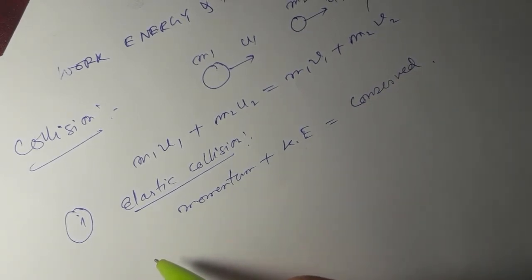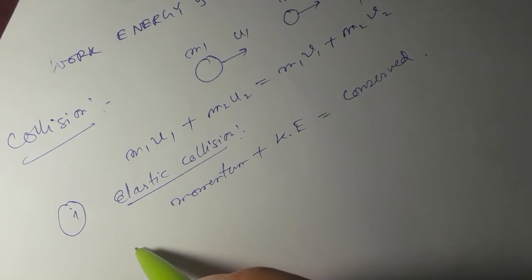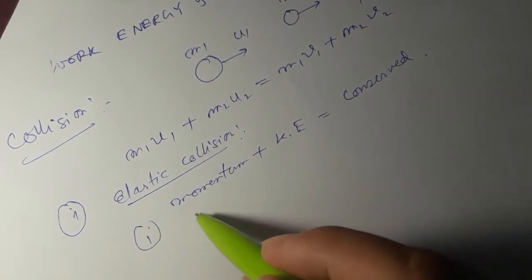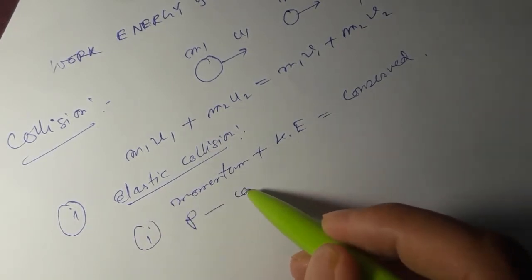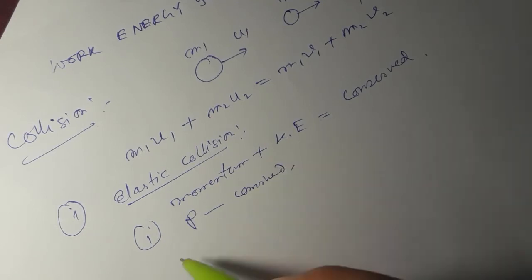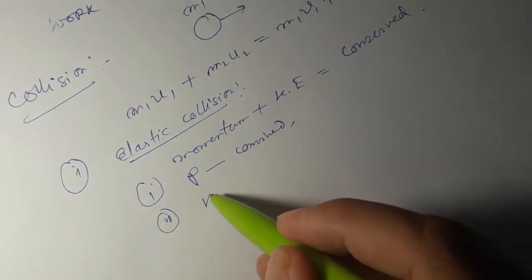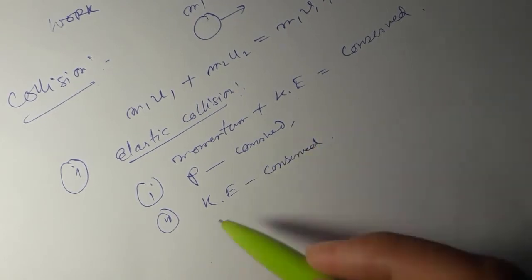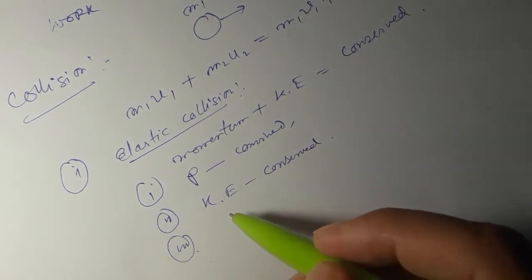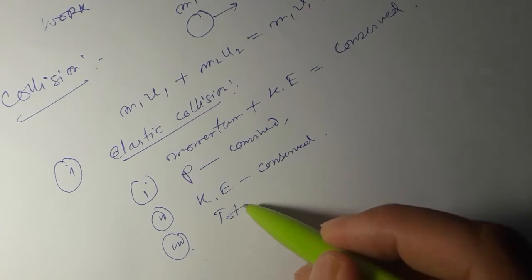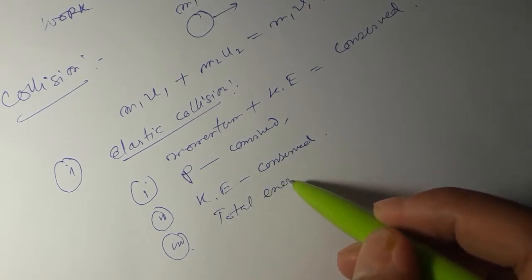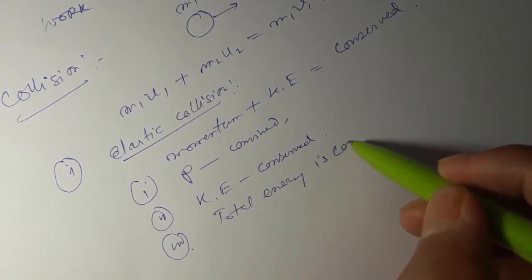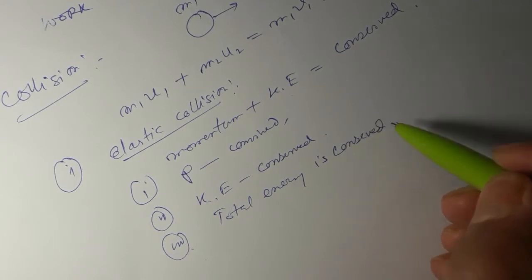Some of the basic characteristics: the first one is momentum is conserved, the second one is kinetic energy is also conserved, and number three is total energy is also conserved.